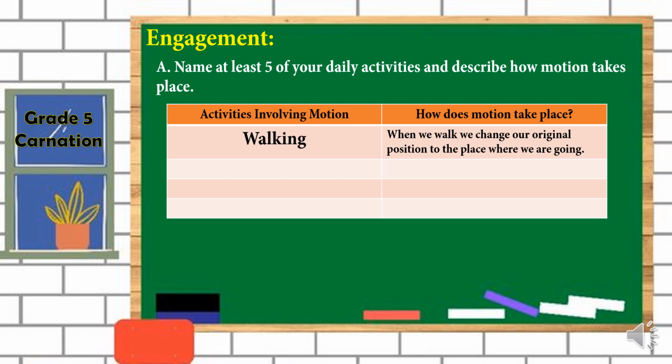So number 1 is my example. So the first activity is walking. So how does motion take place? When we walk, we change our original position to the place where we are going. So you have to take down at least 4 of your daily activities or even 5.